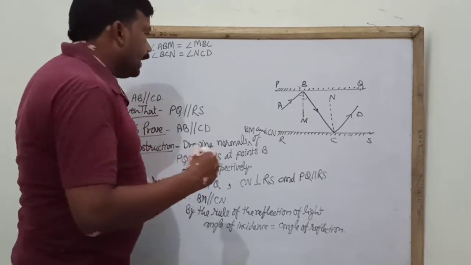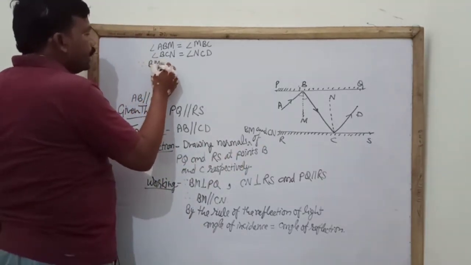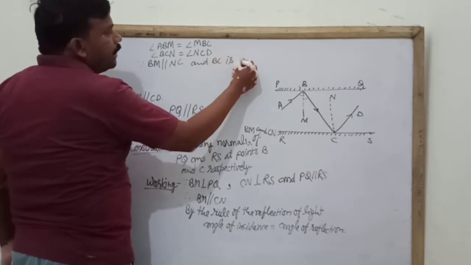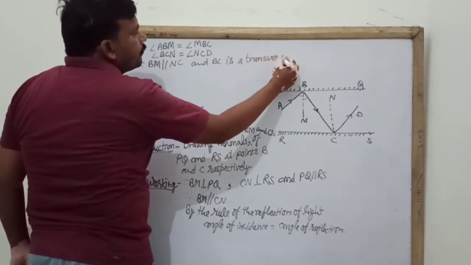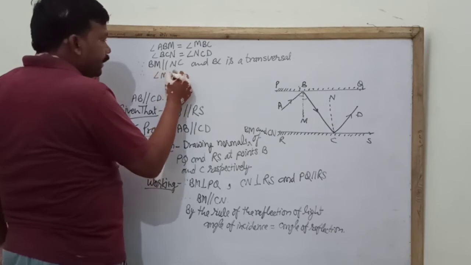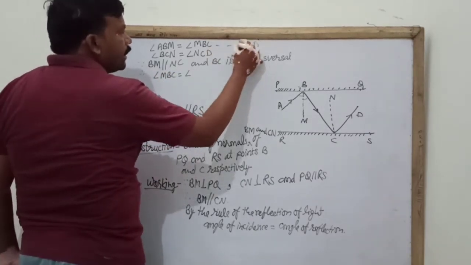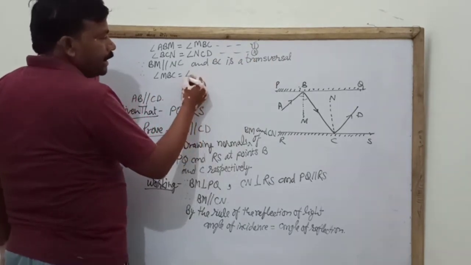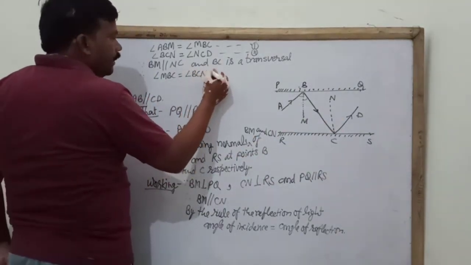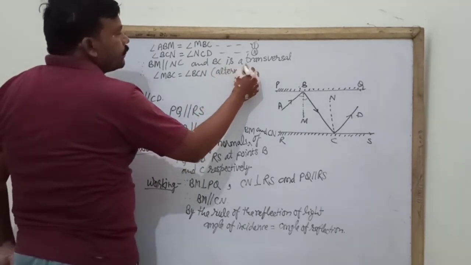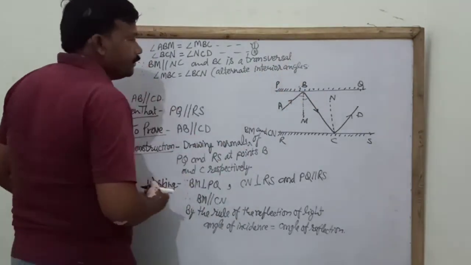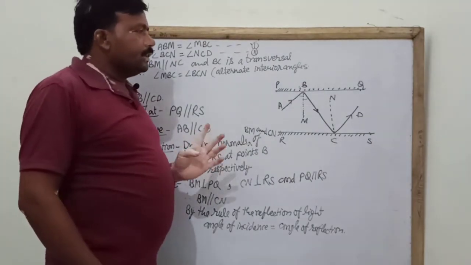So these two are equal, and since BM is parallel to NC and BC is a transversal, we can write angle MBC equal angle BCN. These are alternate interior angles.